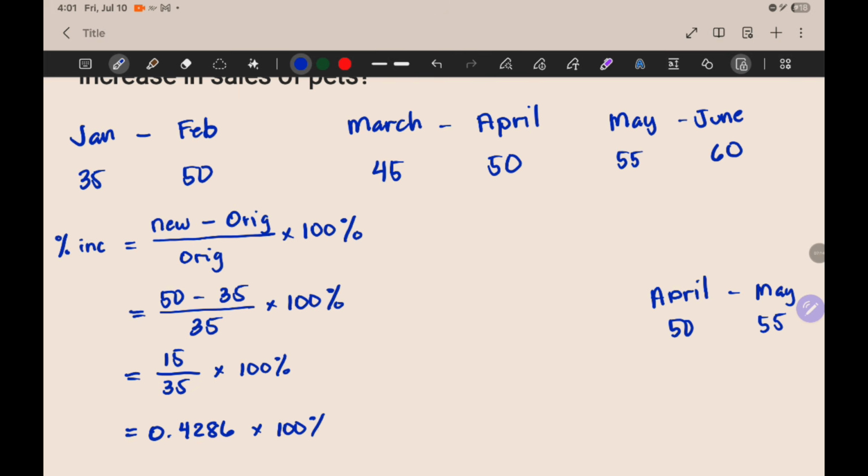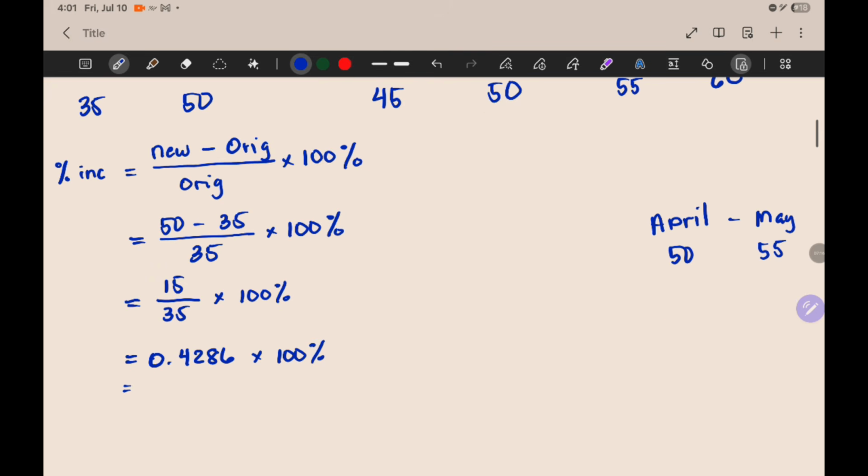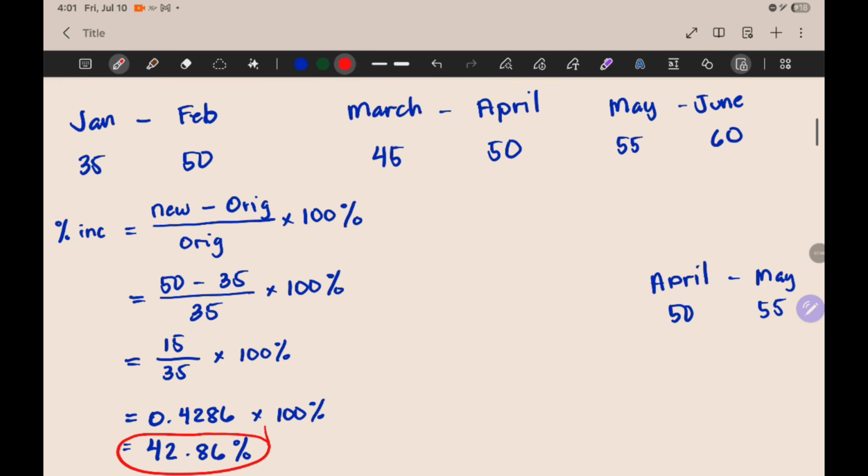Multiplied by 100%, that is equal to 42.86%. Ibig sabihin, ang itinaas po ng benta natin ng January to February ay 42.86%.